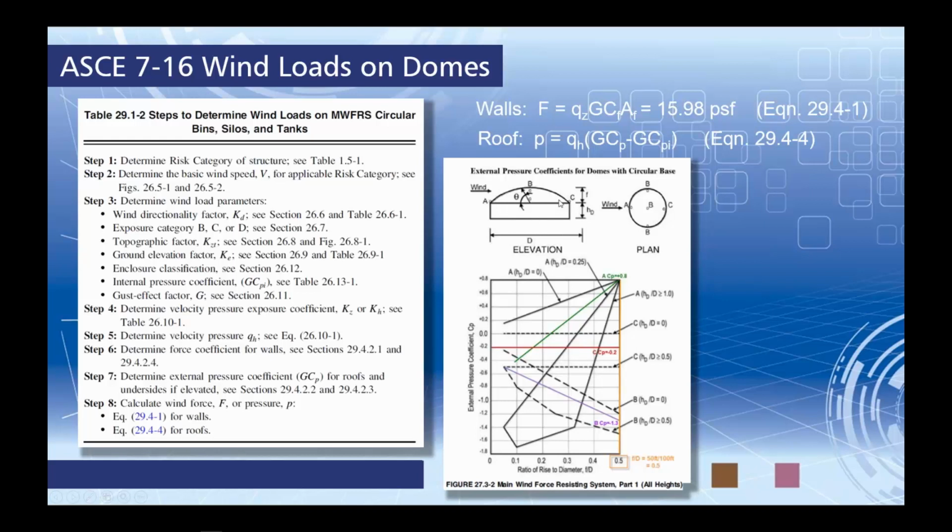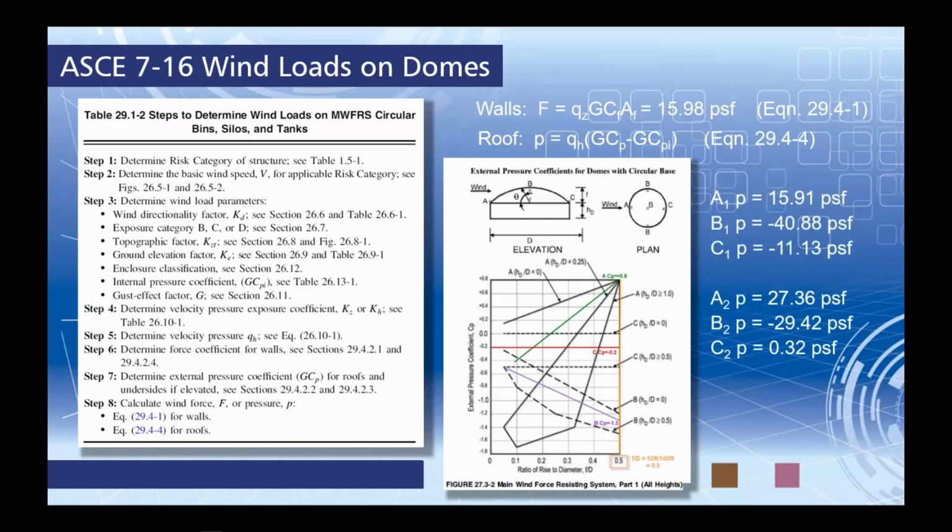For example, the roof height, the wall height, and the diameter, which we'll find the appropriate values for here within this figure, and you can see my colored lines where I have interpolated based on our dome today. Eventually we get 2 load cases for A, B, and C pressure, as I mentioned, on the dome roof, and we get a second case for A, B, and C too with slightly different pressures.